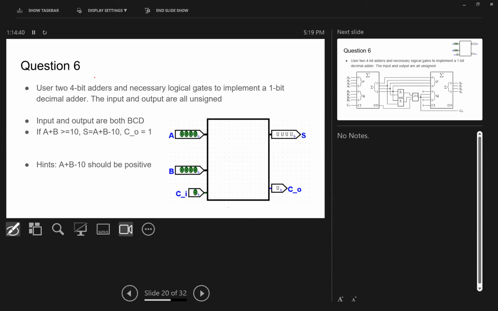So we have 2 possibilities here. When A plus B is less than 10, the summation should be A plus B.